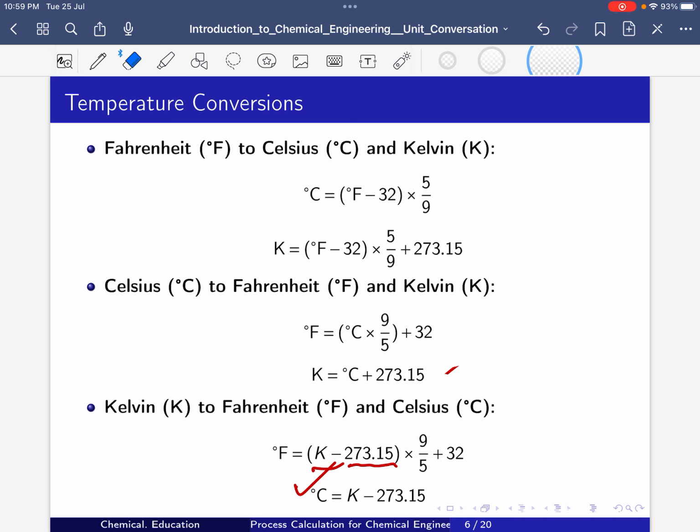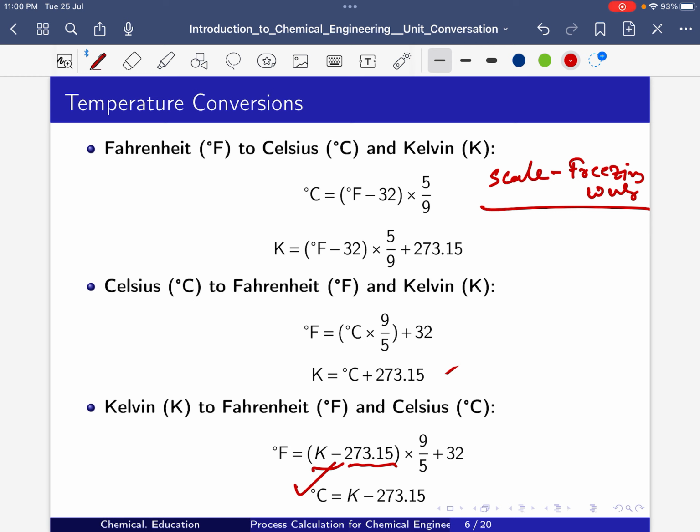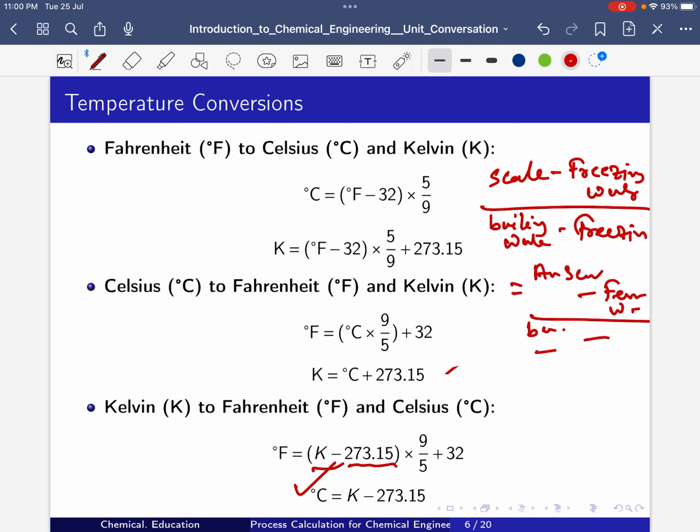So first, that scale minus the freezing point of water, by the boiling point of water minus the freezing point of water, is equal to the other scale minus the freezing point of water of that scale, by the boiling point of water of that scale minus the freezing point of water of that scale.